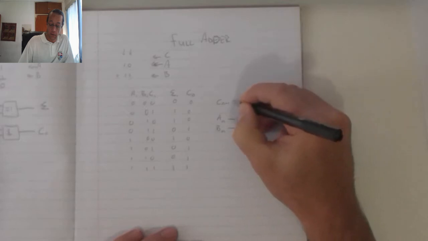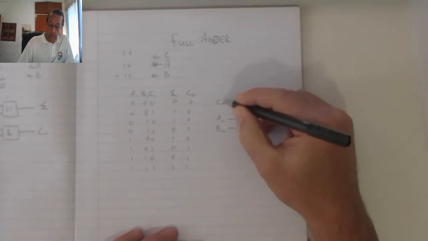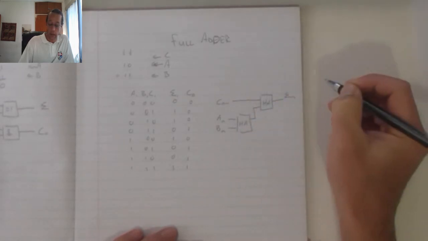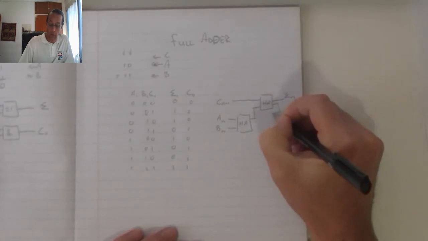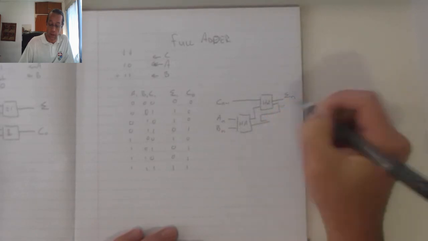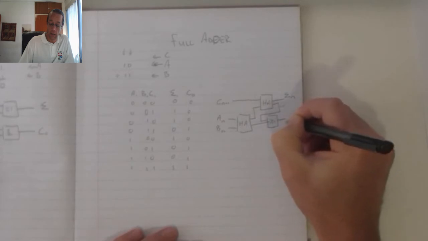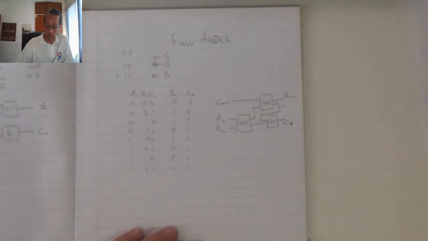This half adder adds to the carryover from the previous, and this will give me my sum for the N, and then this half adder's output from the carryover and this half adder's carryover together goes into an OR gate, and that will give me my carry over from the previous step, Cn.